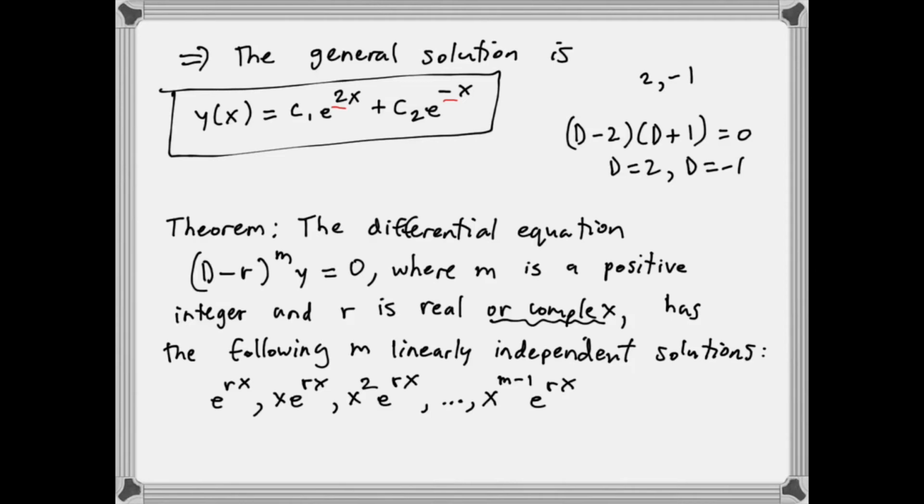We didn't see any x's in front, and that's because if you go back to the last problem, these were each to the power of 1, right? And so that's why we did not need any x's. But for example, if one of them had been squared, we would also need these x terms there too. These are indeed all linearly independent.